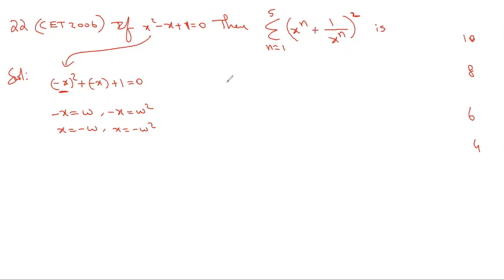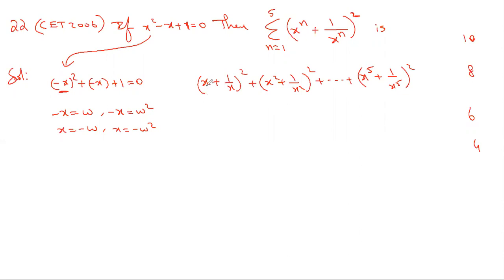So if you substitute that here, we have (x + 1/x) the whole square plus (x square + 1/x square) the whole square, plus and so on, plus (x power 5 + 1/x power 5) the whole square. This is the expression.